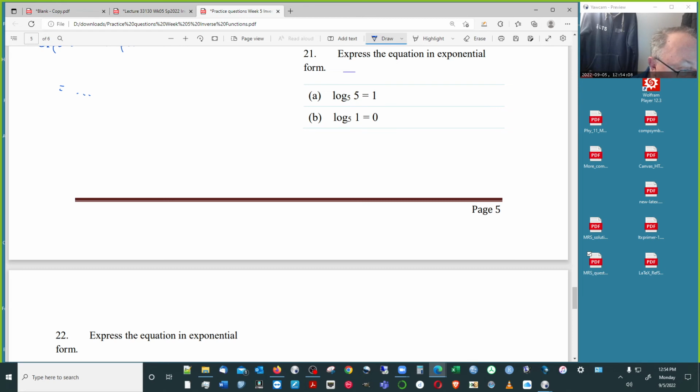Express the question in exponential form. Okay, so this is that recognition that we did. I did this. I touched on this very quickly. Okay.